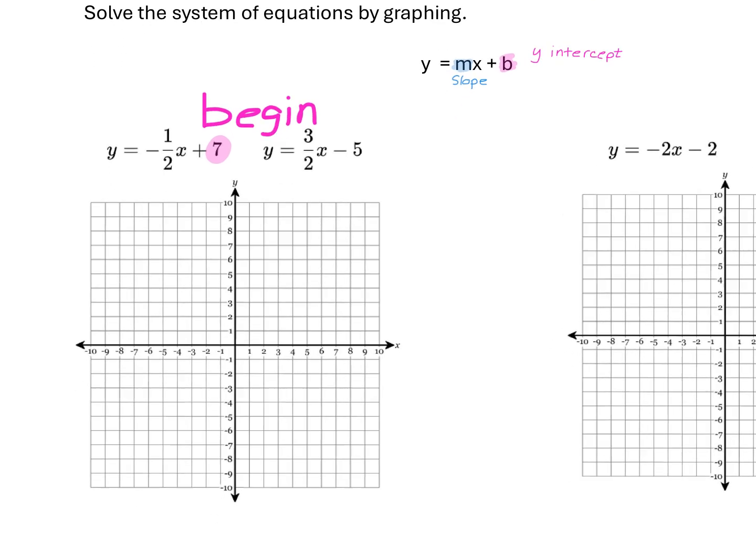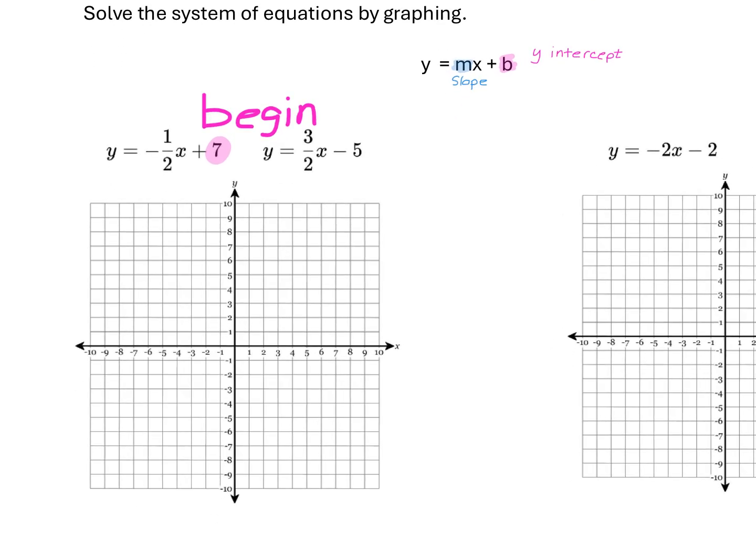And this is the y-intercept. Where's the y-axis? The y-axis is here, right? So, because this is a positive 7, that means I need a dot right there on the positive 7 on the y-axis, otherwise known as a coordinate.